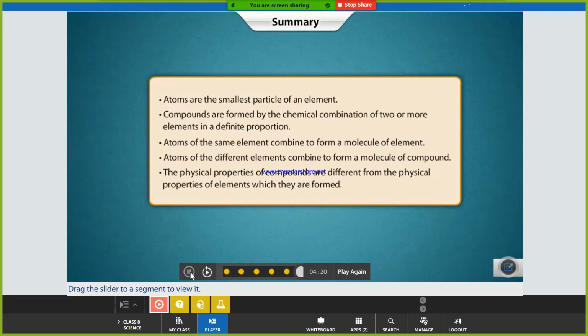Compounds are formed by chemical combination of 2 or more elements in definite proportion. Atoms of the same element combine to form a molecule of an element. Atoms of different elements combine to form a molecule of a compound. The physical properties of compounds are different from the physical properties of the elements from which they are formed.